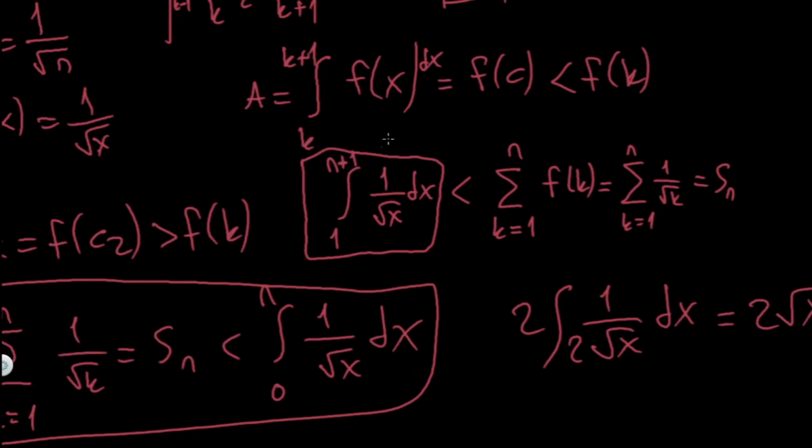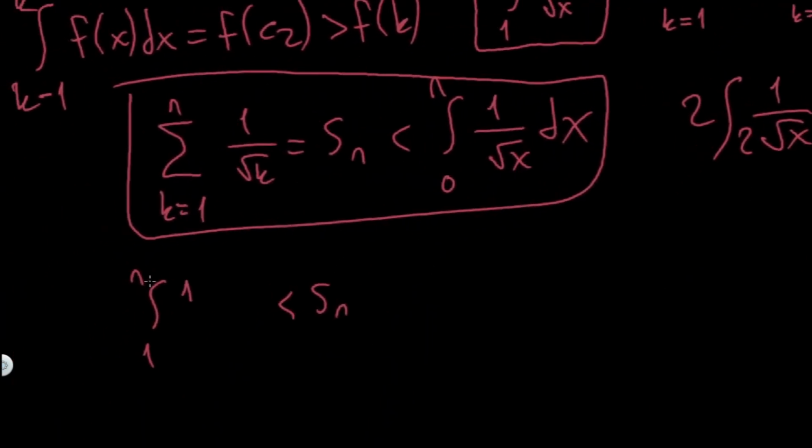Okay, it's a bit nuanced, I'm sorry about that, but nothing is going to change. So I found this integral from 1 to n plus 1, 1 over square root of x dx is less than Sn, and the other inequality is from 0 to n. Well, I noticed it because this distance wasn't n, okay? This distance is n, this one is not. Okay, so I noticed there is a mistake.